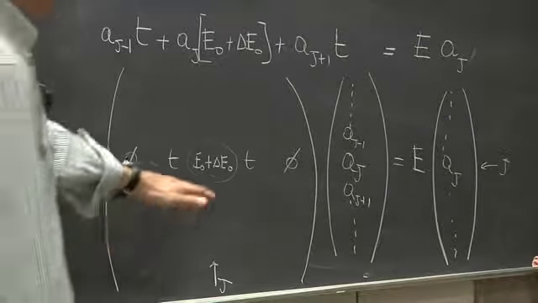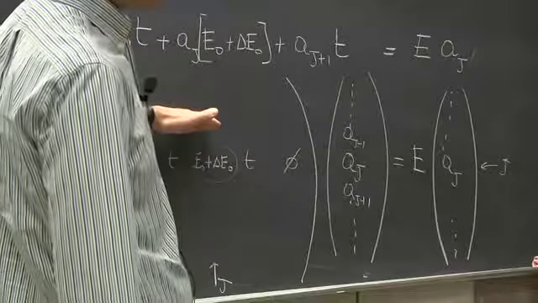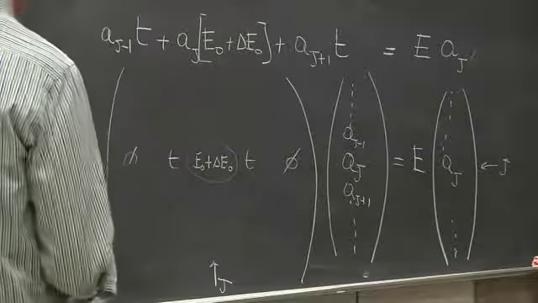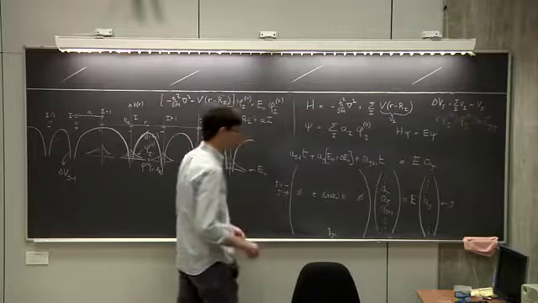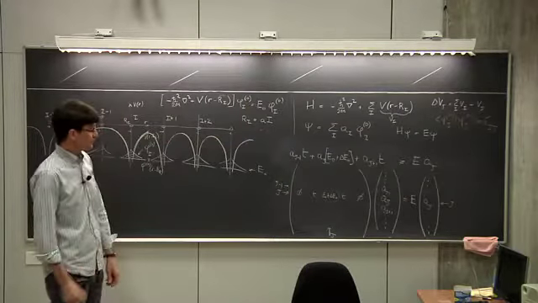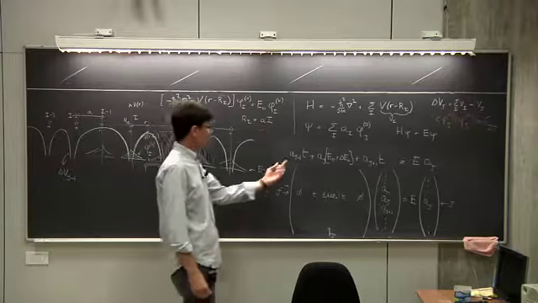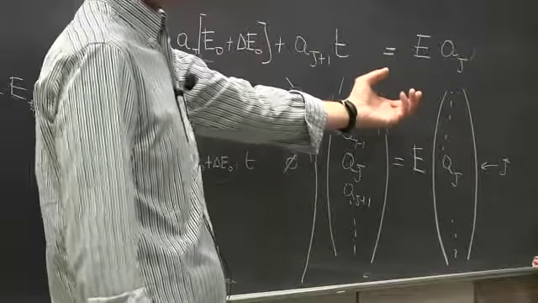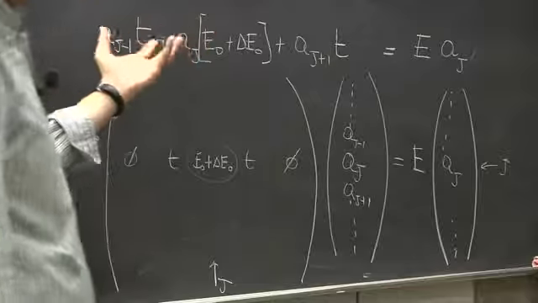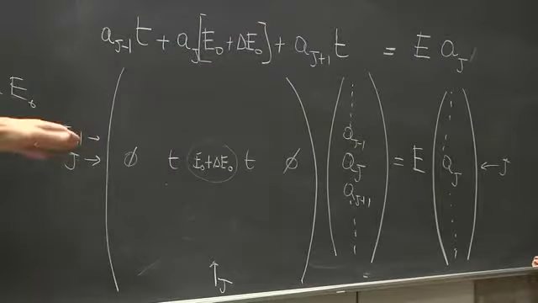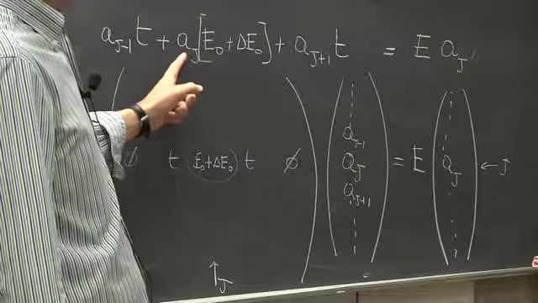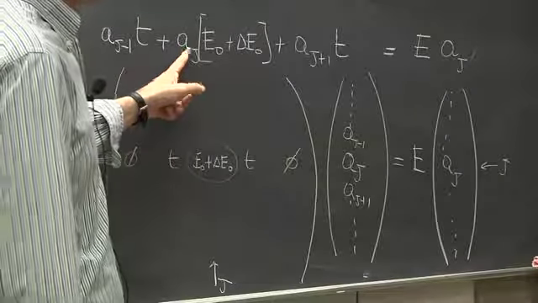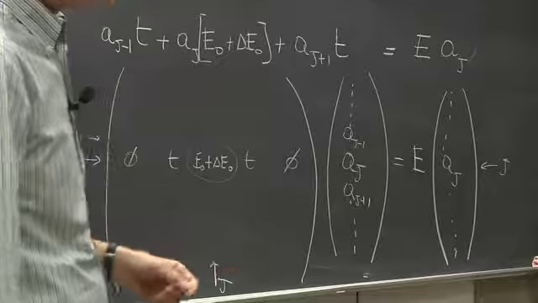Now, what if I move one step up, for example? I go to row j minus 1. Well, once again, there was no reason why j was j. This is true for any j. So if I go to the previous one, it will continue to be true that the central term will be the one with E naught plus delta E naught.